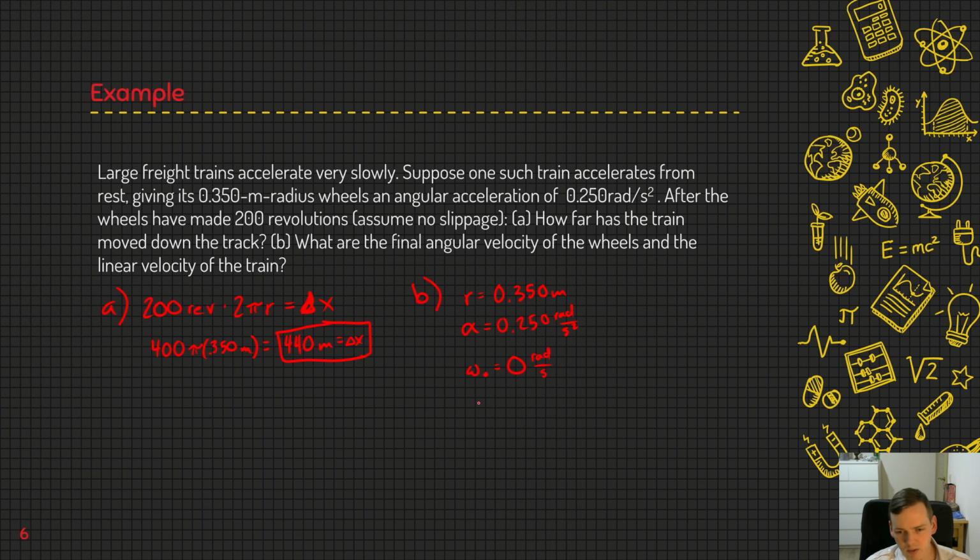This one's a little bit clever, but we can know that the change in theta is 200 times 2 pi, because one full rotation is 2 pi. So this is also equal to 400 pi radians. That's probably the trickiest one, to know that delta theta.